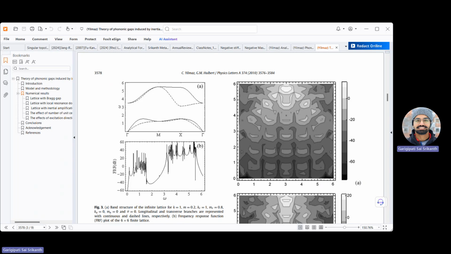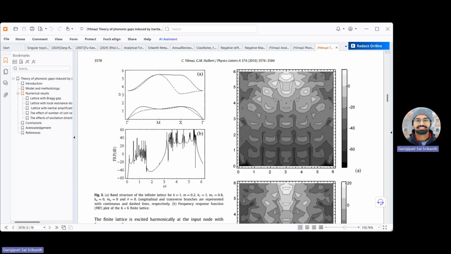On the right side, this is an FRF. Transmissibility is measured as output by input amplitude, in decibels. You see there's a strong dip again here, at frequency 2 to 3.